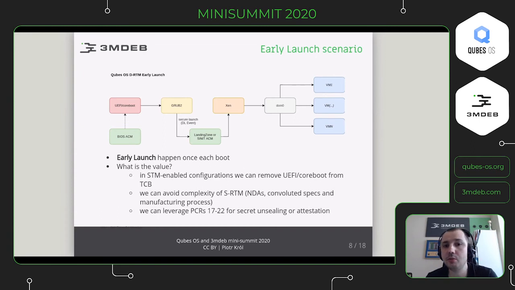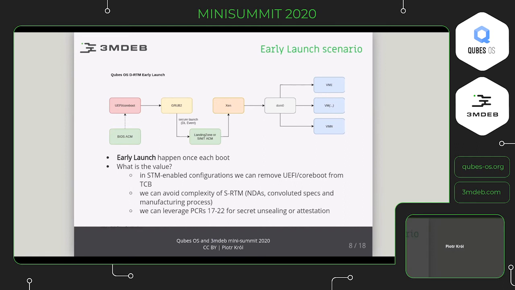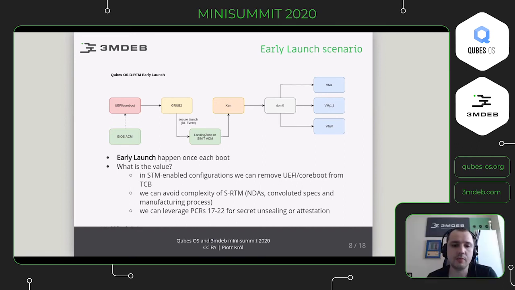Maybe there are people using coreboot with STM, but still, using STM or an AMD equivalent would be needed. And of course SINIT ACM, which is loaded by GRUB, is also a closed source binary. So that's the Intel part, and maybe this will change in future.